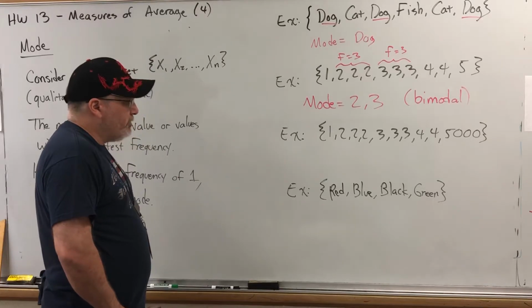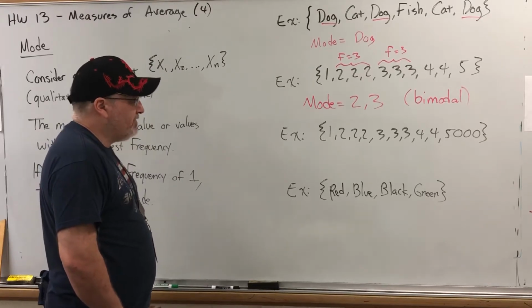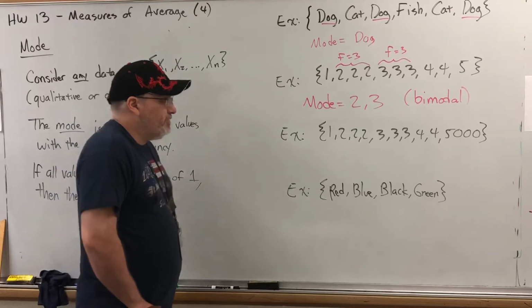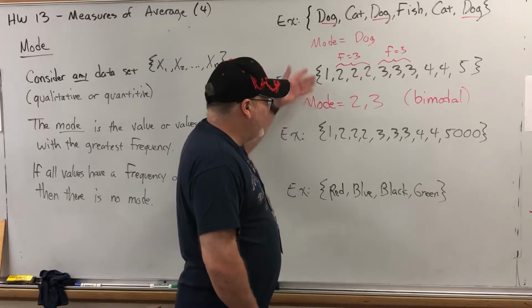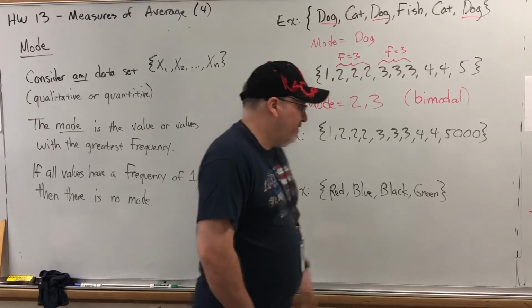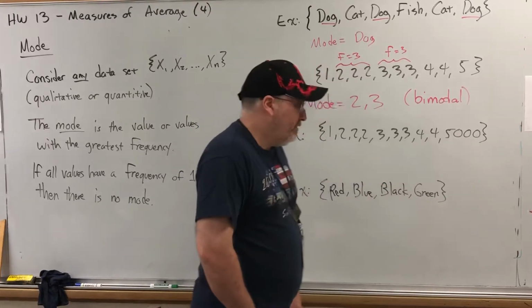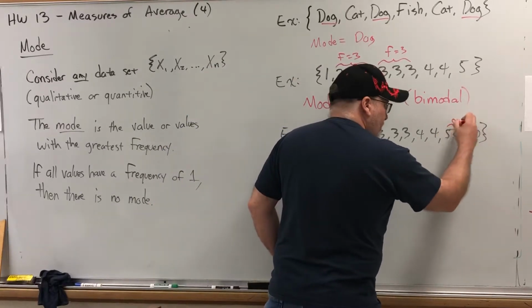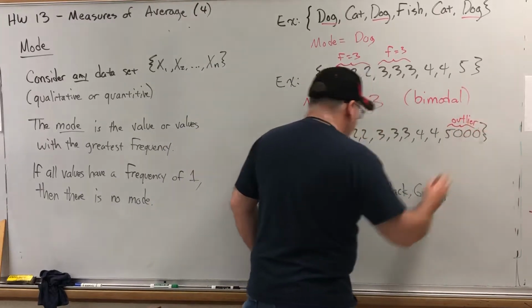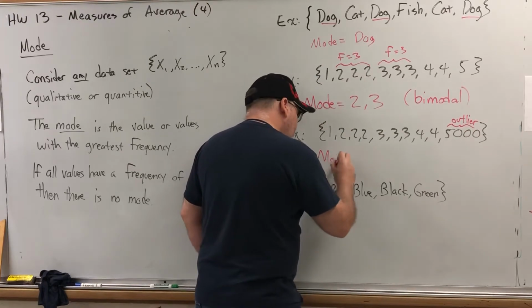And if you look at the third example, another quantitative data set, you'll notice that I'm kind of addressing the outlier issue again. This is the same data set as the previous one, but instead of 5, I wrote 5,000. So it's an outlier. Will that change anything? Which values still occur the most?